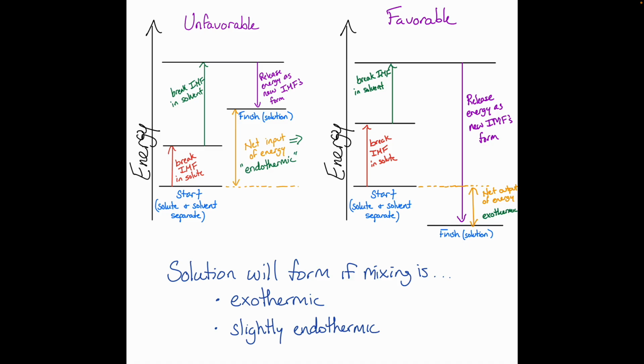But the bottom line is the amount of energy that we put in, we should get a similar, if not more, amount of energy back out when these things mix together. That's a favorable solution formation.